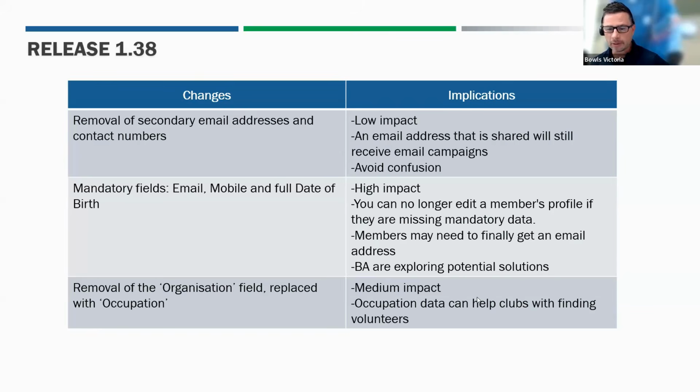And if you're looking for volunteers, it might be a good way to find a new one. So that's the new release. It's all about data. So no more secondary email and mobile. We've got mandatory fields in our members' profiles and the change of organisation to occupation.